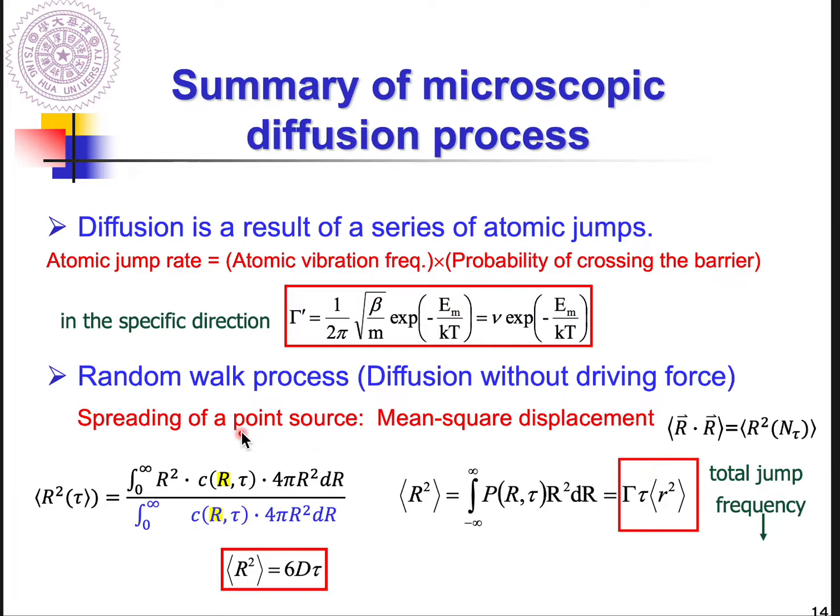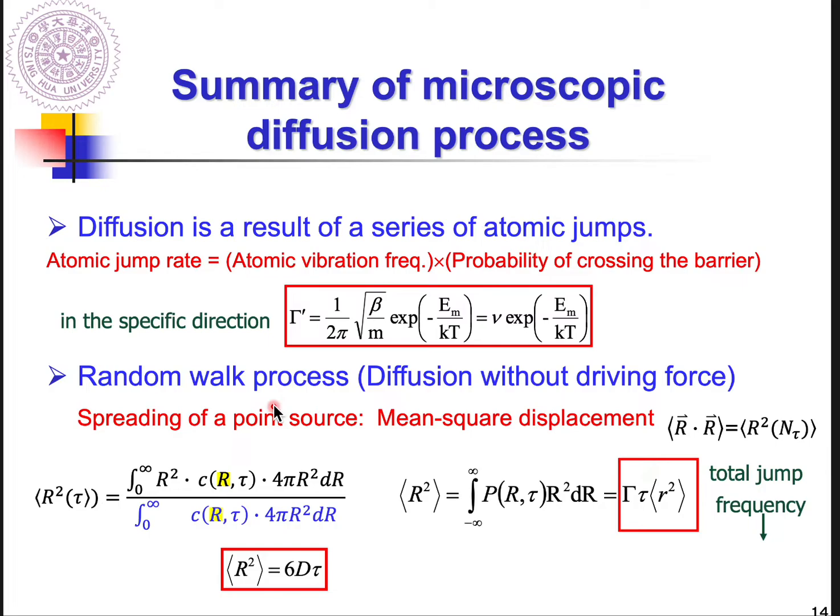And in the second part, we used the random walk process as an example and tried to find a good indicator to link the diffusion phenomenon, or diffusivity, with the atomic jumping process.